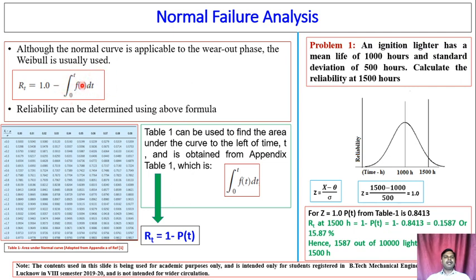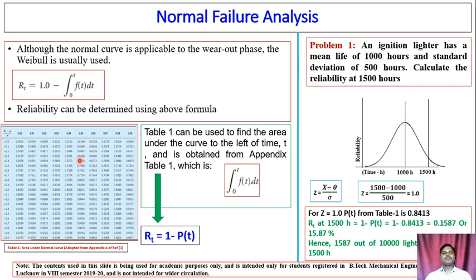There are standard tables found at the ends of textbooks through which we can directly compute the value of this probability. So this area under the curve can be computed using these tables.